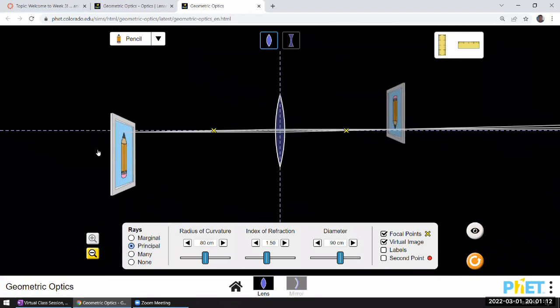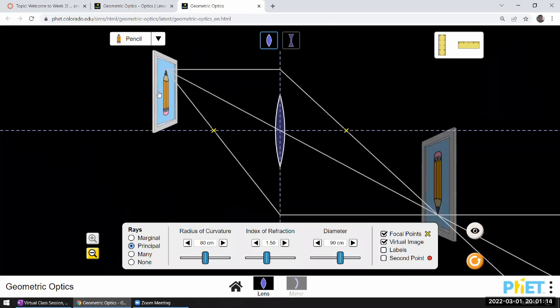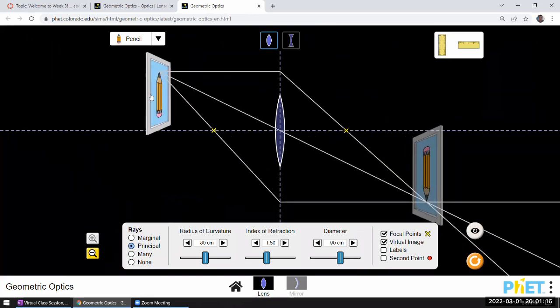And I guess one last thing that might be worth noting while I have the simulation up is what changes and what doesn't change as you change the size of the lens. So this is a simulation.